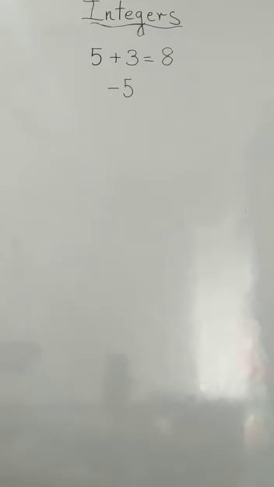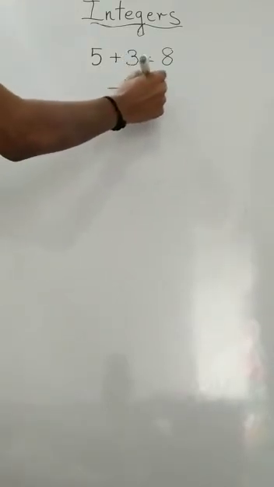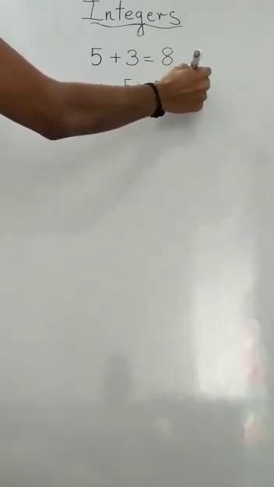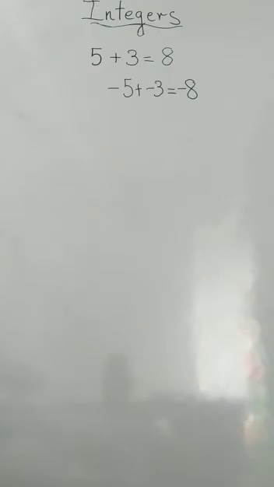Okay. Now Dada is lending another 3 rupees also. One more borrowing. So how much? Minus 8 rupees Sunita would have borrowed from Dada. So minus 8 rupees she has to return to Dada.